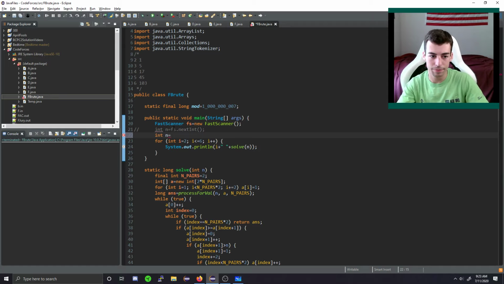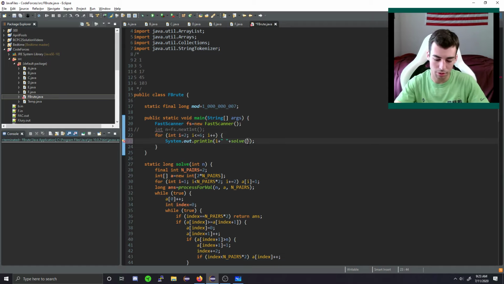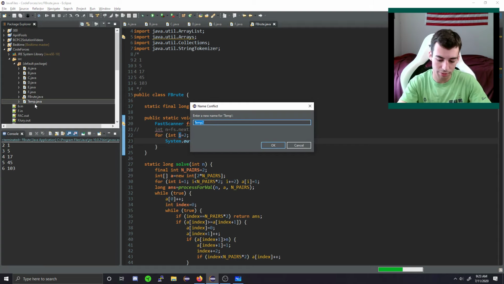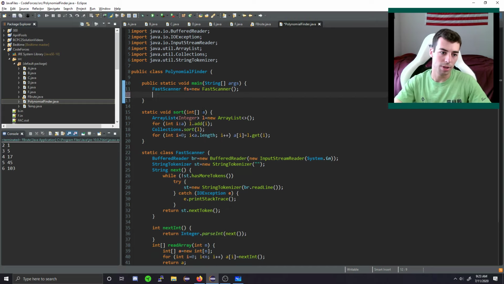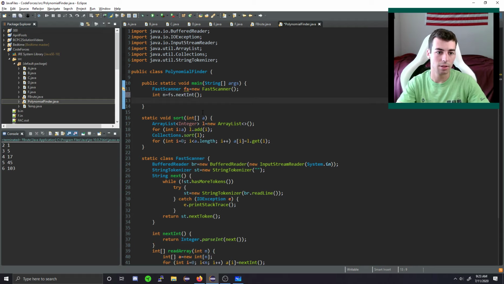Wait, what? I plus solve i. That's what we want. So here are our points, okay? So now we need a polynomial finder. And what is this going to read? So we will probably read n into array poly.